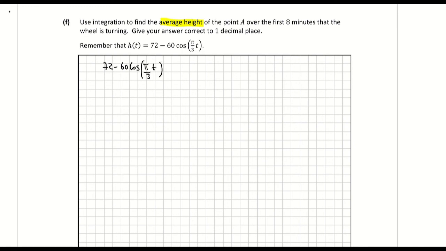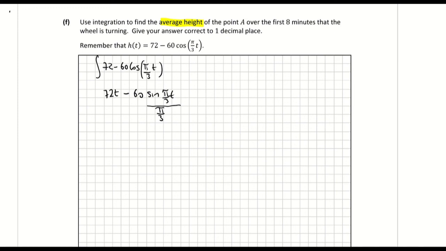So in this question we need to integrate our function, and then we're going to find the average value of it. So we're basically going to integrate 72, so that'll become 72t. And when we integrate cos, we get sine, so it's going to be minus 60 times sine pi over 3t. And then we divide by the value in front of our variable, the t, so that's pi over 3. So that's the integral of our function.